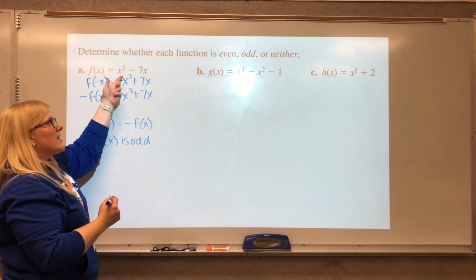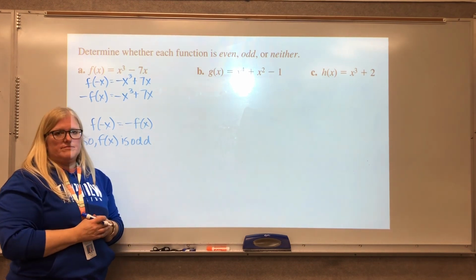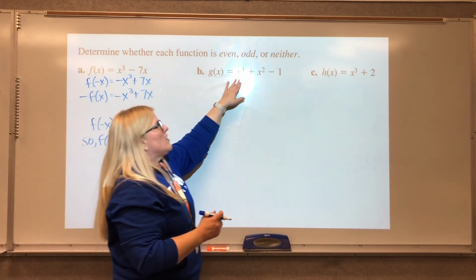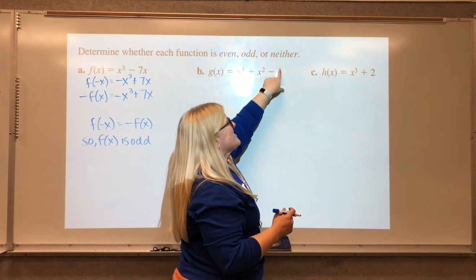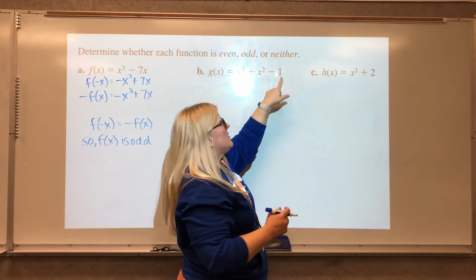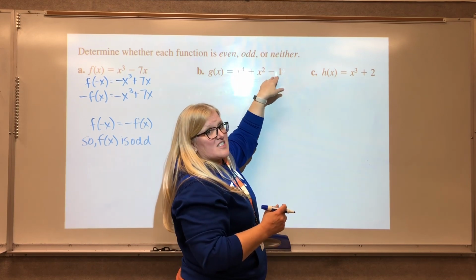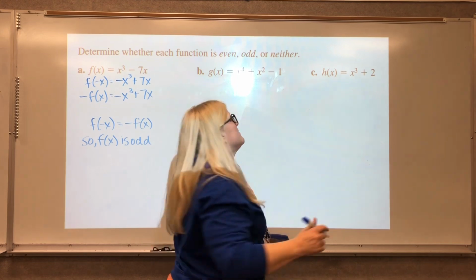We already know that because all we have to do is look at it, but this proves it. Okay, so we come over here and we look. This is a constant, so it's even. Constants are even. So we have x to the fourth, x squared, even. This is even. Let's prove it.